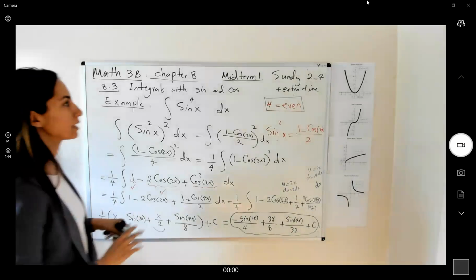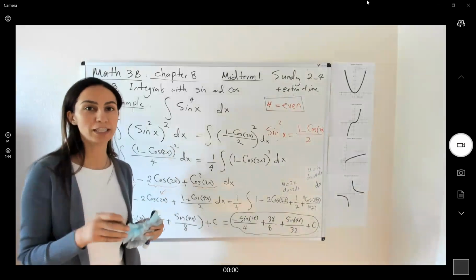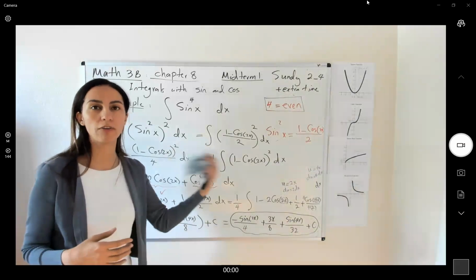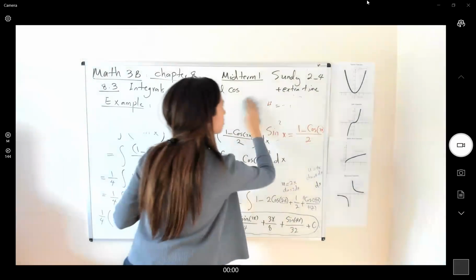So far we saw that if we have odd exponents, if we have even exponents, now we're going to see what's the combination of odd, even exponents, and so on. So take a look at this.